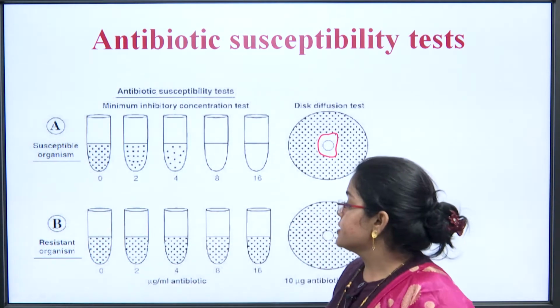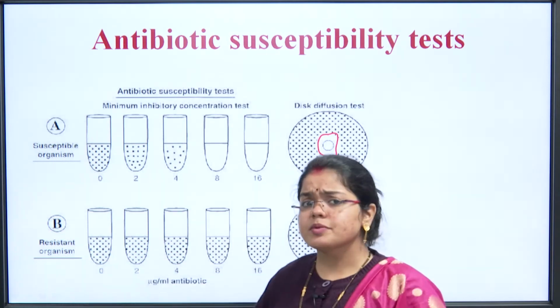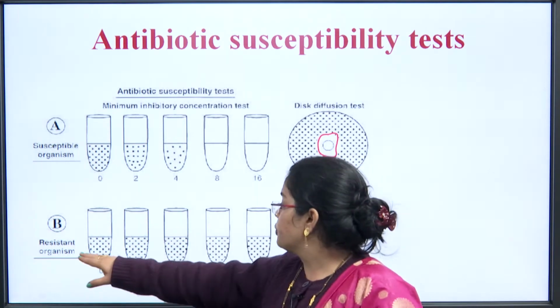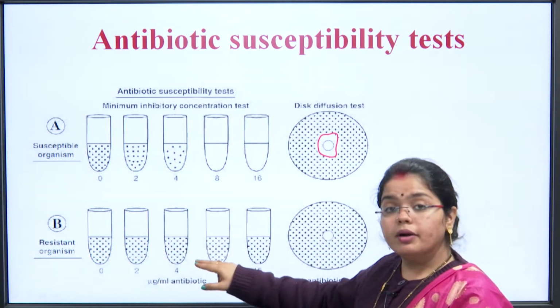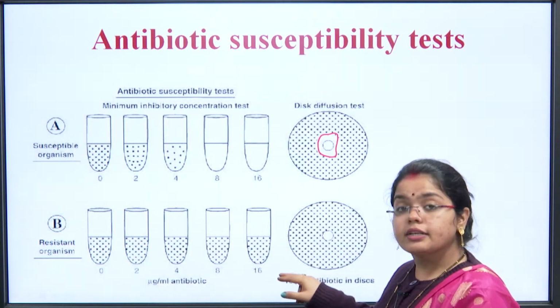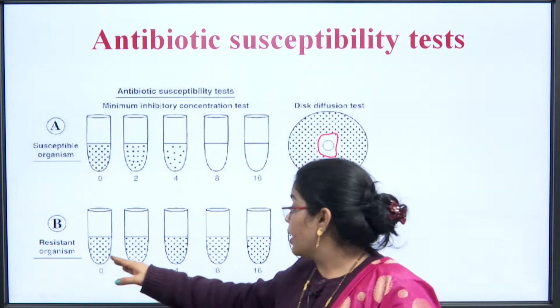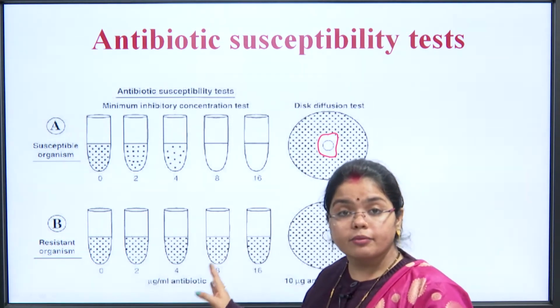But in the next test, if the organism is resistant, what happens? We do the dilution, zero dilution, we double it, again double it, up to 16 times. Then what happened? The microorganism is not being removed from here.